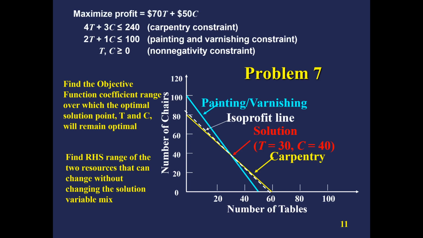All right, the next problem is about sensitivity analysis. We have a company which is making tables and chairs, and it has two constraints, carpentry and painting and varnishing.